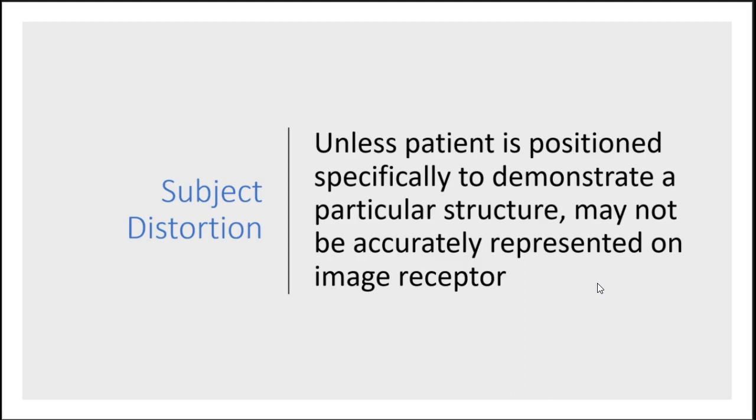Subject distortion: unless the patient is positioned specifically to demonstrate a particular structure, it may not be an accurate representation on the IR. Within the patient, remember I showed you umbra and penumbra. We're going to have a little bit of blurring on the outer edges due to our divergent beam. So the closer it is to the IR, the better.